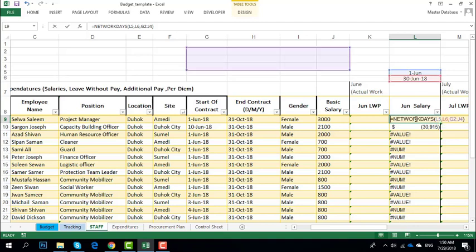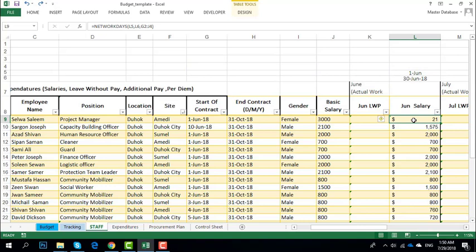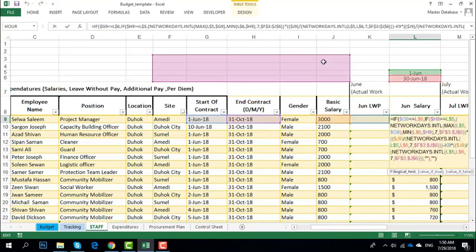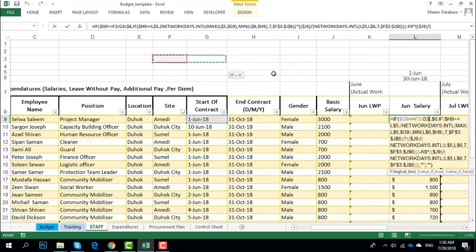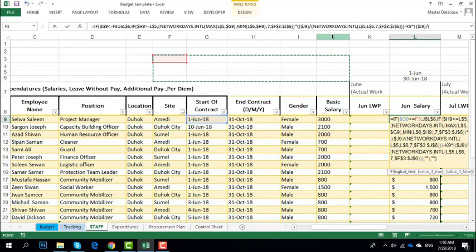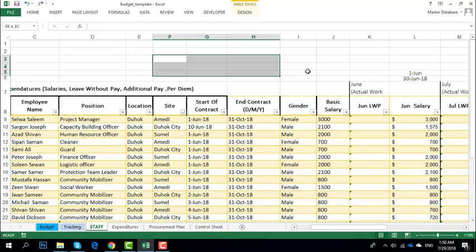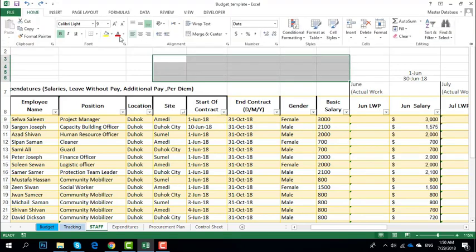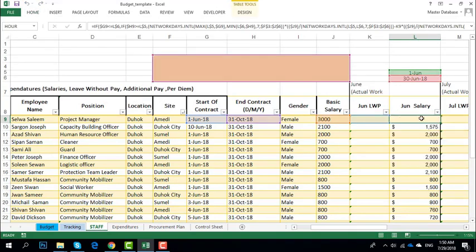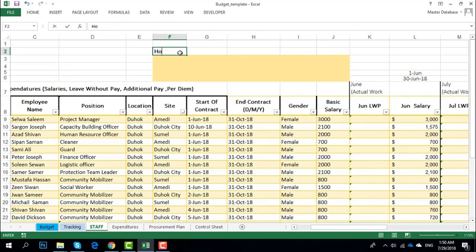Okay, so let's go back. I just press Control Z. Okay, this one is the holiday. Let's just select from F to J. Great, F to J. I put it in color just to check. They are holidays. I put it here, holidays. Okay, the actual holidays in the Kurdistan region, we put it here.